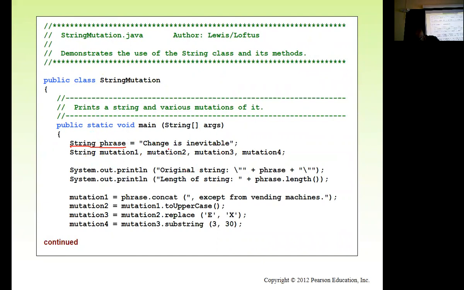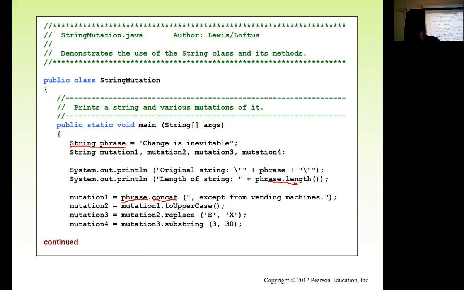Then what we do here is print out the original string, which is phrase, and the length of phrase. phrase.length gives me back the length of that particular string. Now, mutation1 is whatever was in phrase, which is what? What is in phrase? Change is inevitable, right? And then we concatenate that, which means we join the comma and "except for vending machines."